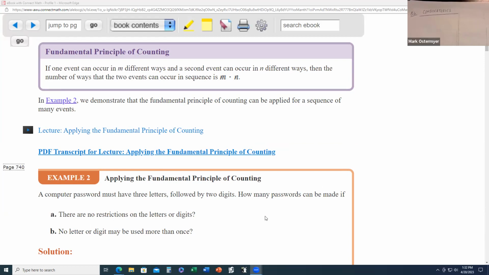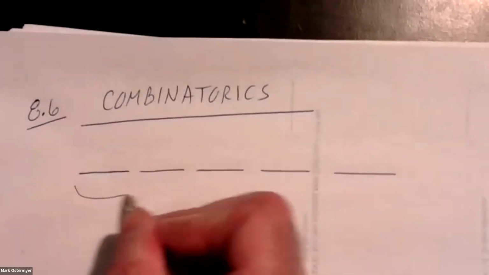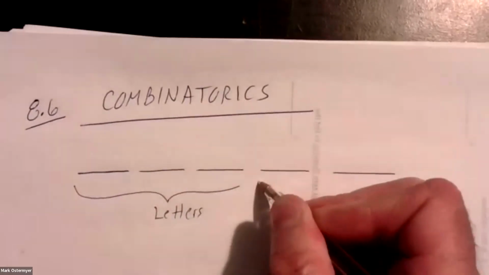Now, I like to think of this password as consisting of little mailboxes. Notice we need to have 3 letters in our password, and we need to have 2 digits. Letters, digits.